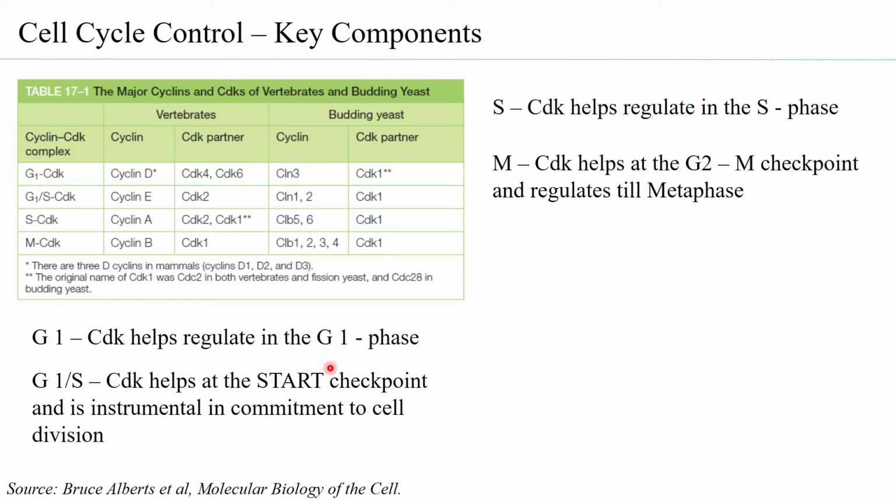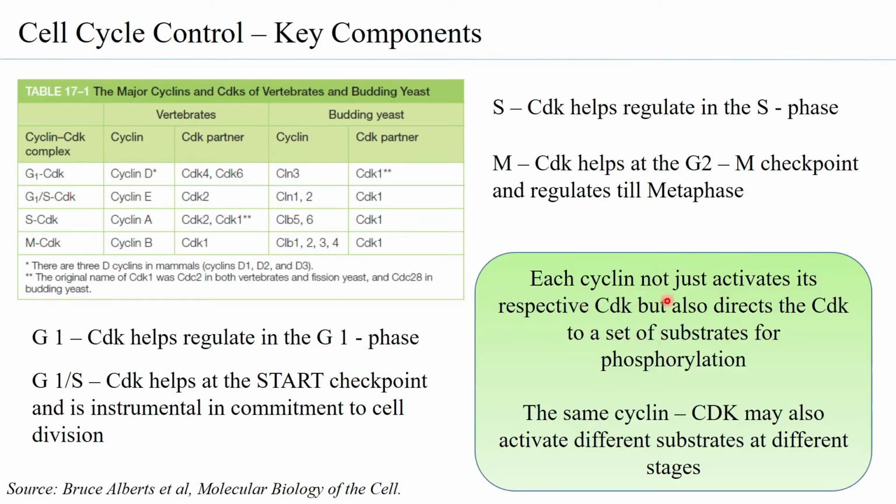Then what plays the role of regulation is the APC, the anaphase promoting complex. So each cyclin not just activates its respective CDK, but it also directs the CDK to a set of substrates for phosphorylation. And that is how it is controlling the events that are happening within a particular phase.